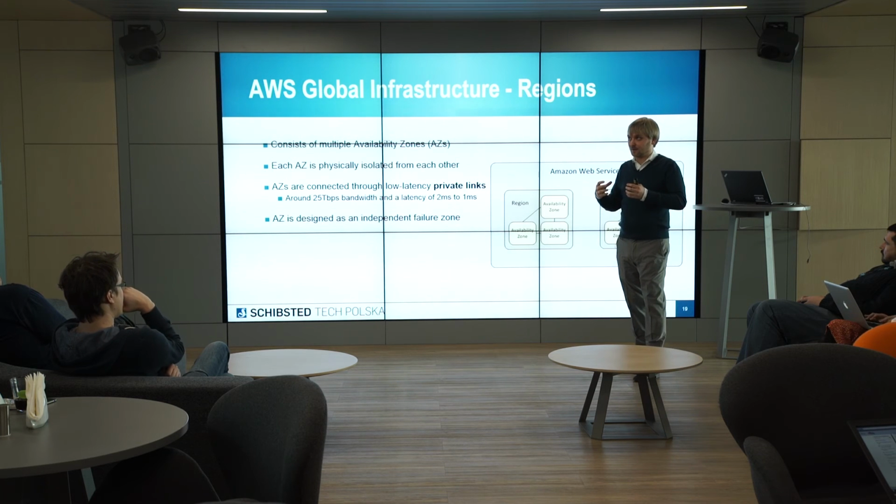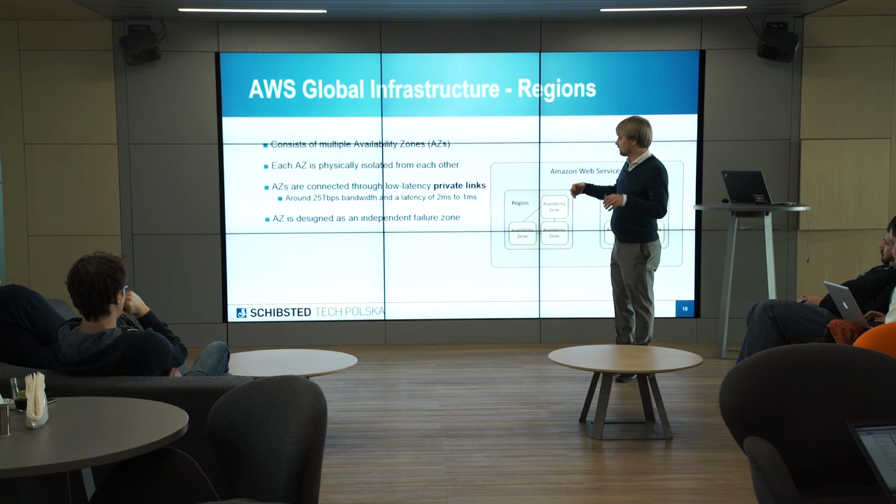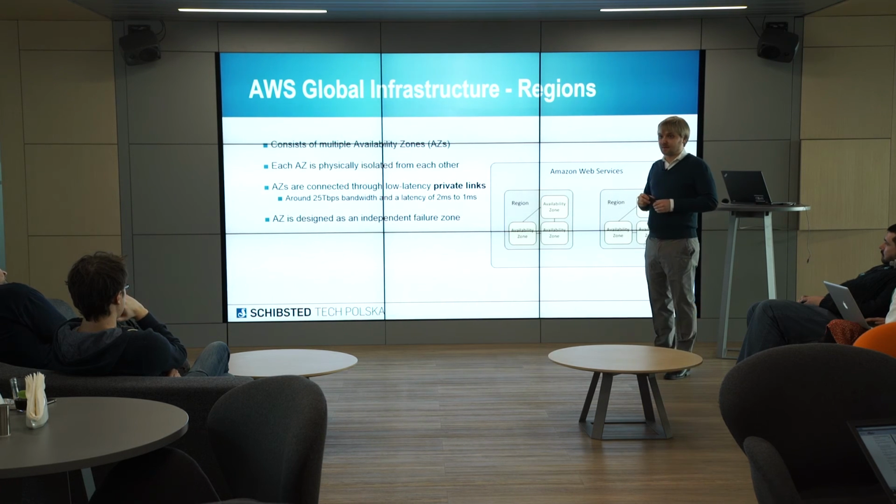So we may think of that as 2 data centers close to each other, connected with private links with very high bandwidth and low latency. And an availability zone is designed as an independent failure zone. So when one availability zone goes down, other availability zones are up.